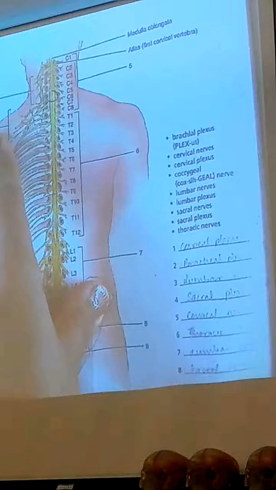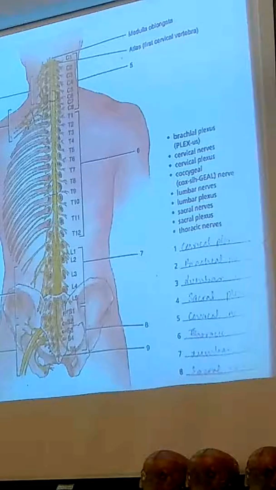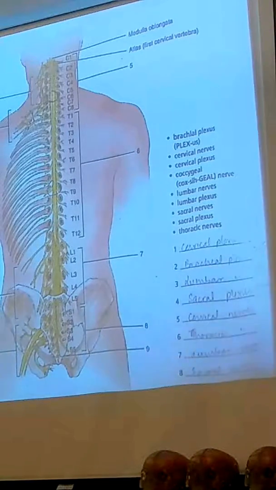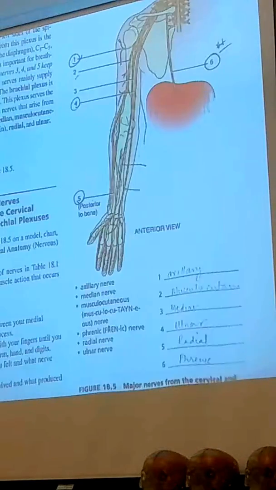But if it is like which major nerve comes out of that, write the name of one spinal nerve that comes out of this plexus. So from the cervical plexus, you will write the phrenic nerve. From the brachial plexus, you will write the radial nerve or ulnar nerve, whatever. But then these major identifications.